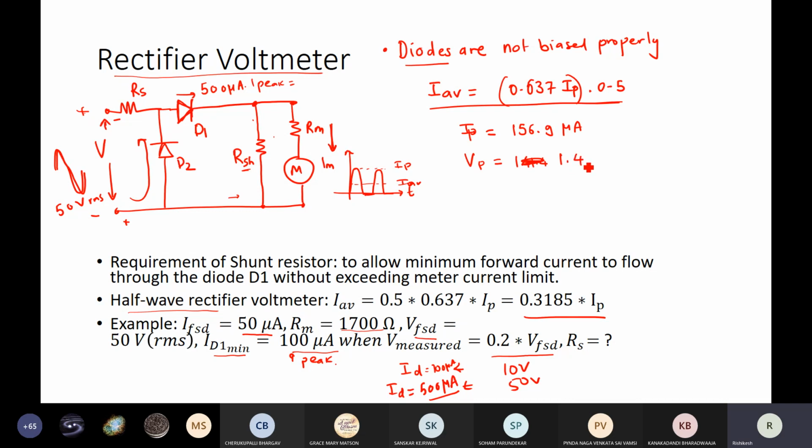So I write 1.414 into 50. That will be my peak voltage, right? So it is coming out to be 70.7 volts.